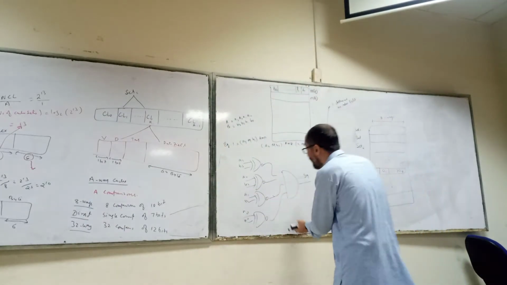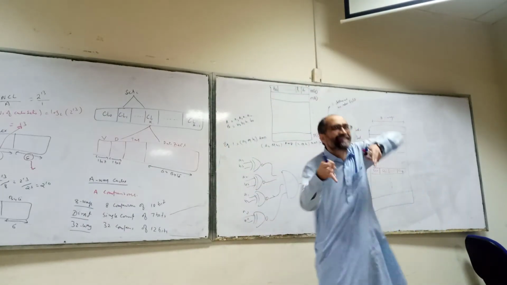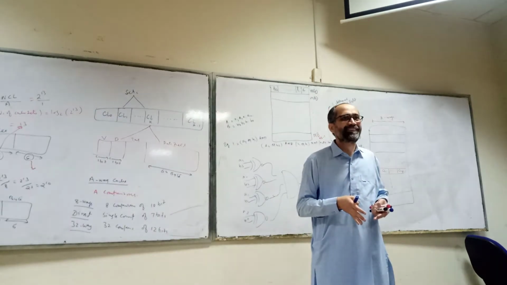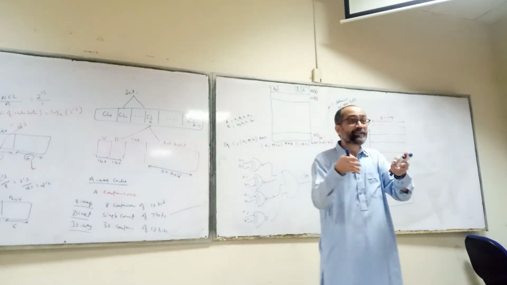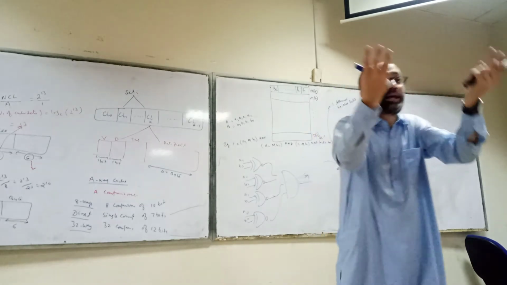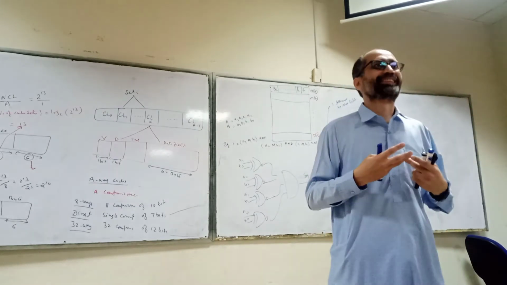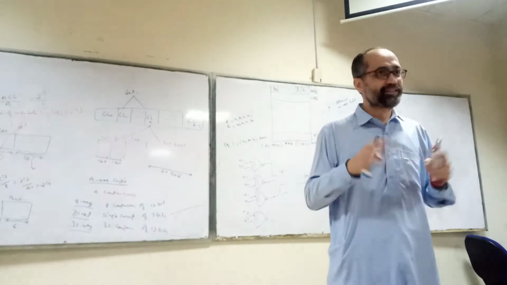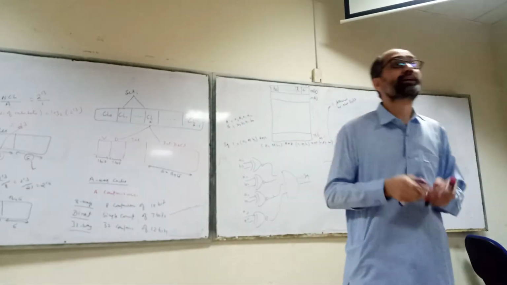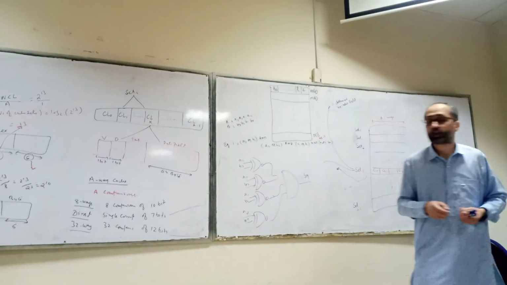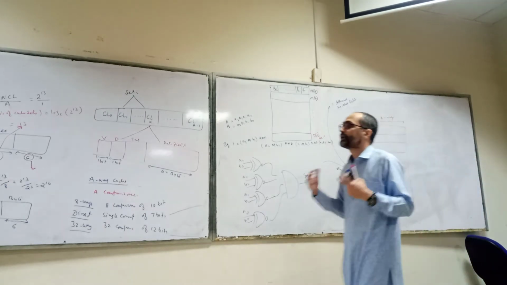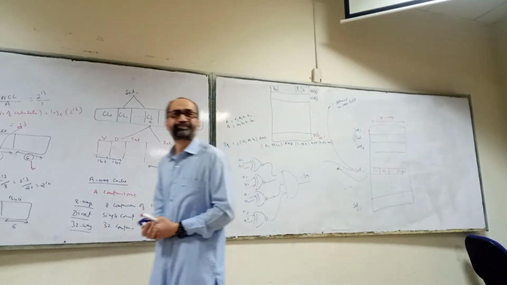If you use more gates, there will be more delay, and more delay means more power consumption. So these are the things we need to consider while designing a cache.